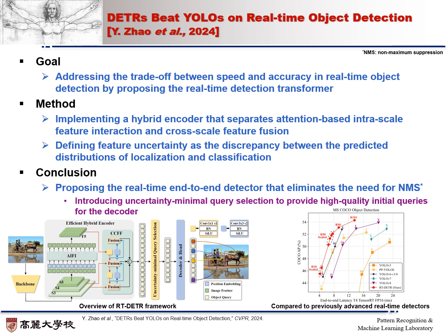Their contributions include the design of an efficient hybrid encoder to handle multi-scale features by separating within-scale interactions and cross-scale feature fusion, as described in the previous method, and the introduction of uncertainty-minimizing query selection to provide the decoder with high quality initial queries, which improves both speed and accuracy.